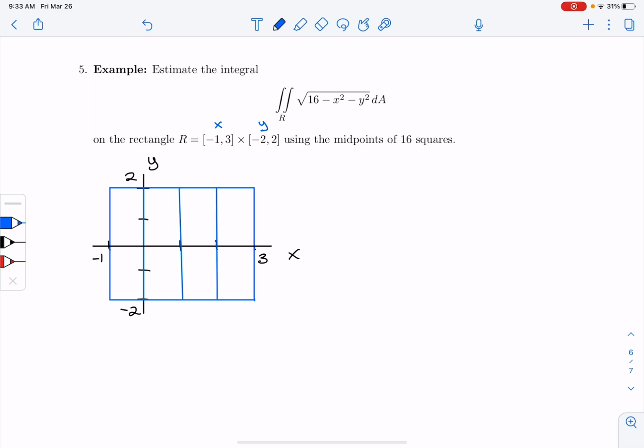That requires 4 squares across, and then 4 squares up and down. And then in each one of these squares, we're going to take the height of our function, 16 minus x squared minus y squared, to be the midpoint of one of these squares.